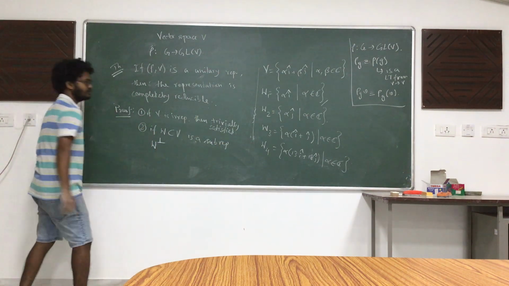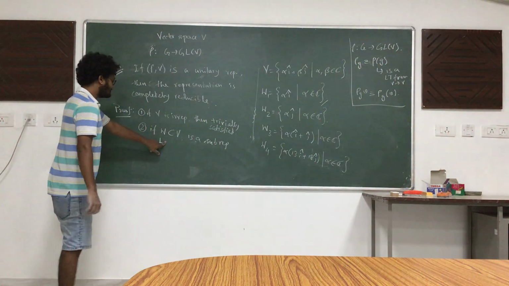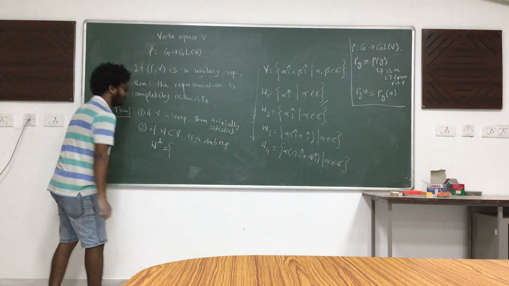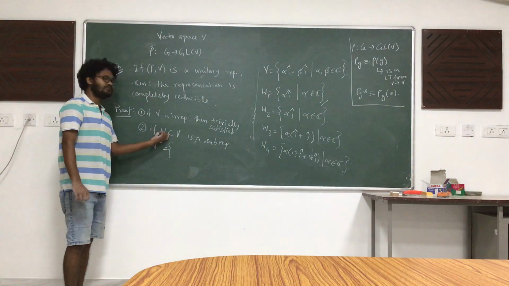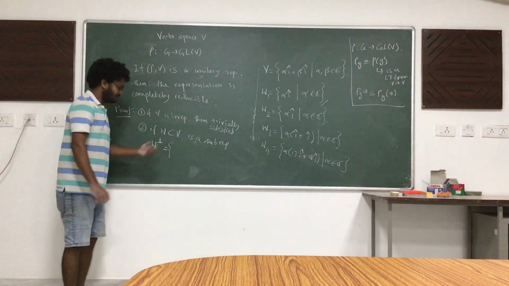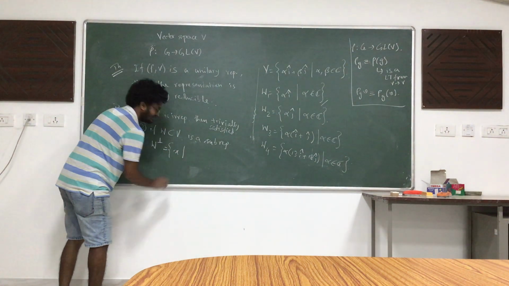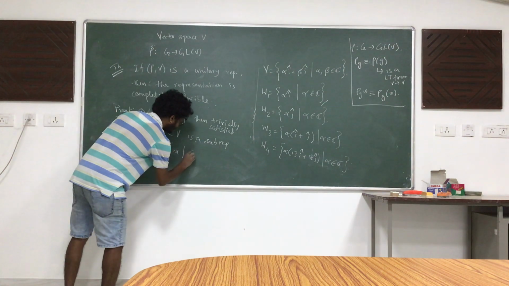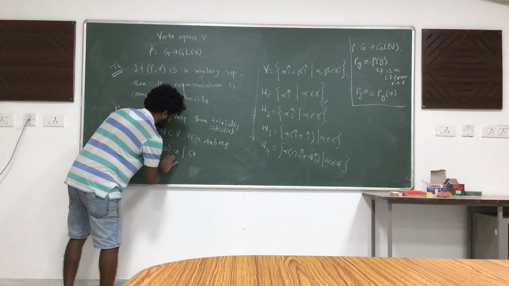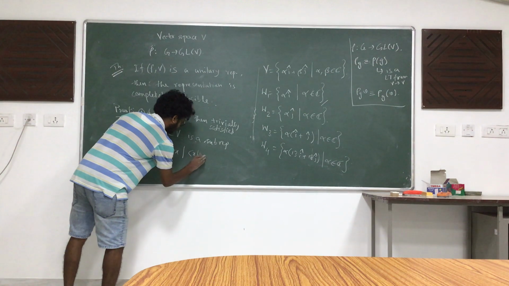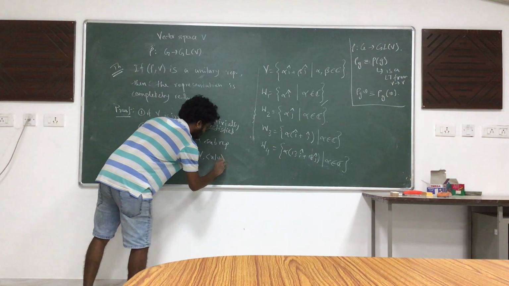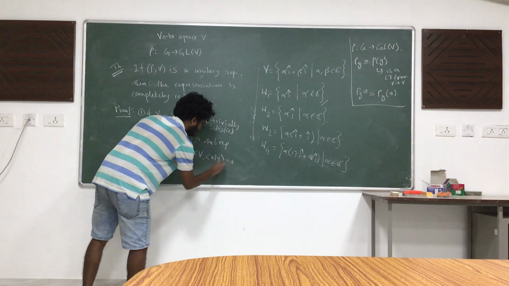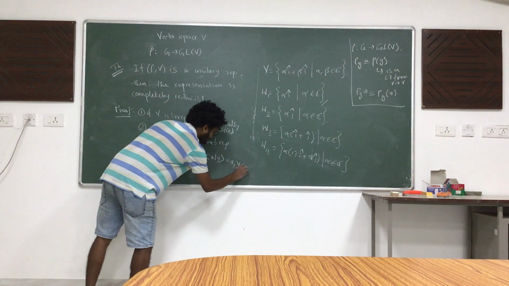W perpendicular is defined to be the subspace which is orthogonal to W. That means X belongs to V, and the inner product of X and Y is 0 whenever Y belongs to W.